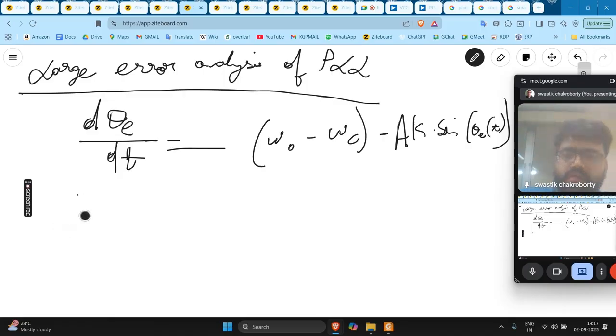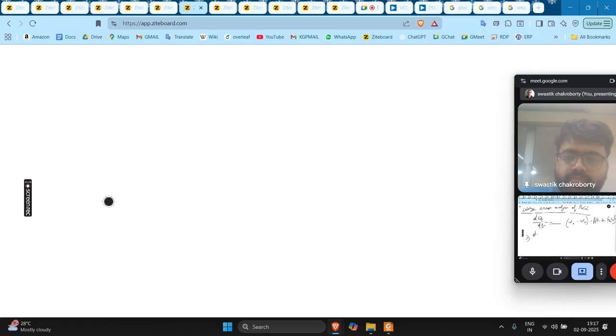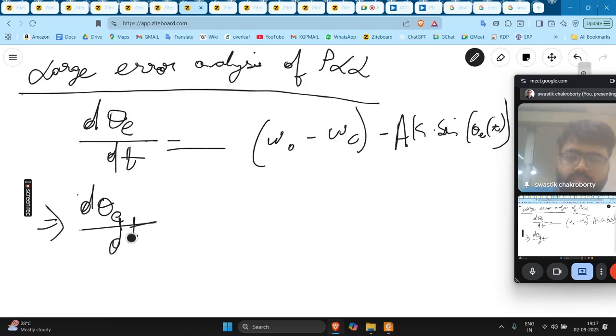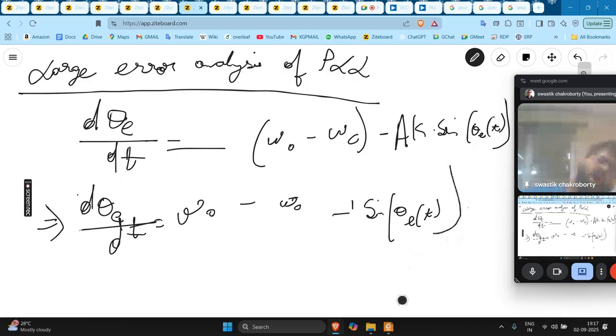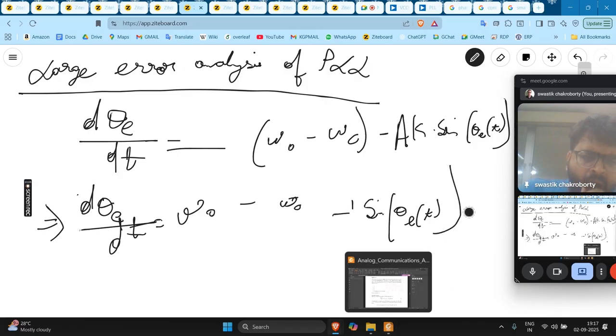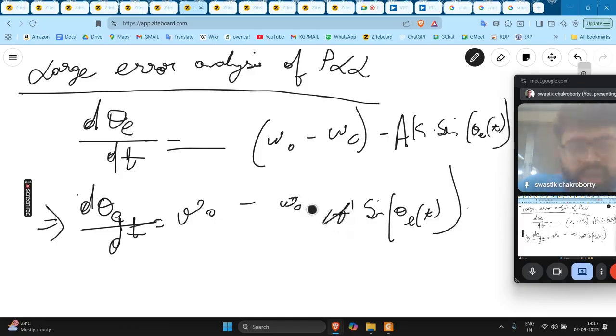sine theta e. Now, sorry, the K is not equal to 1.